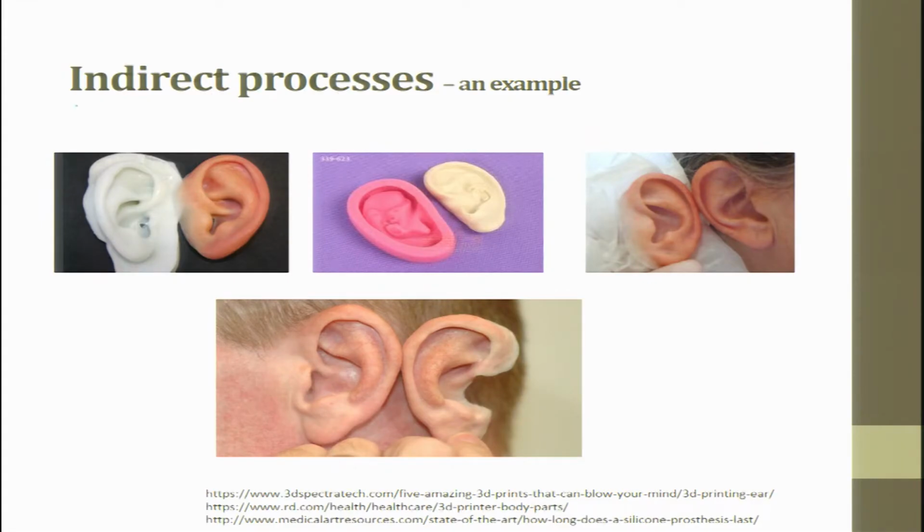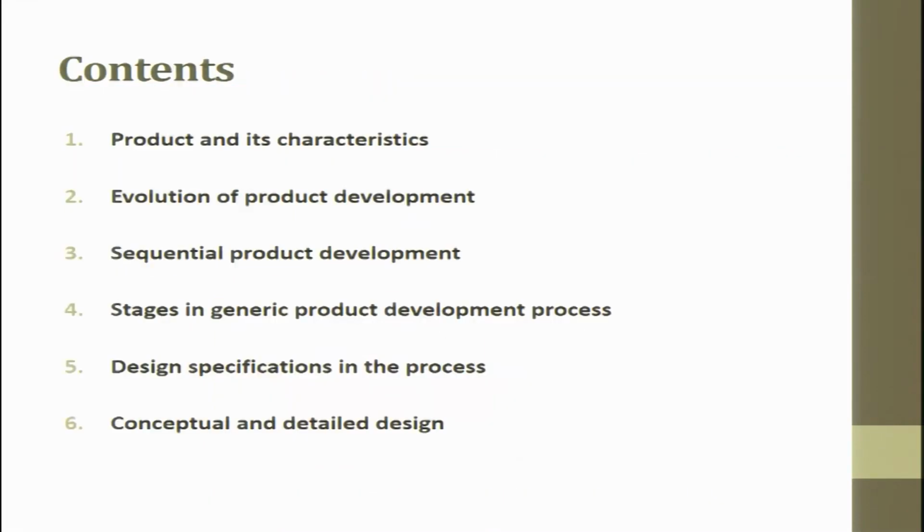So, this is an indirect process, wherein first we make the replica of the ear, then we make a die, and we make a part. You see, this is a part which is made by a rapid manufacturing technique, and this is an original ear of a human being. So, this is called an indirect process.